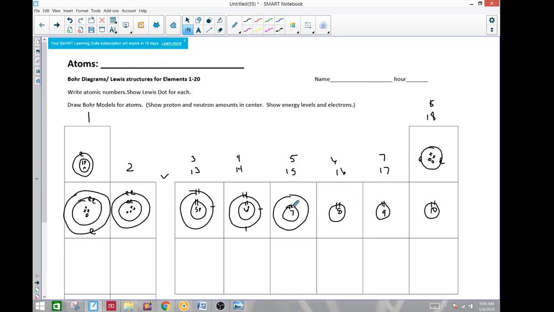And this one's going to need, well, it's got 6 and 7. 1, 2, 3, 4, 5, 6, 7, 8, 9. One spot missing. And this one's got a full shell. 1, 2, 3, 4, 5, 6, 7, 8, 9, 10. Good example of what we call the octet rule.